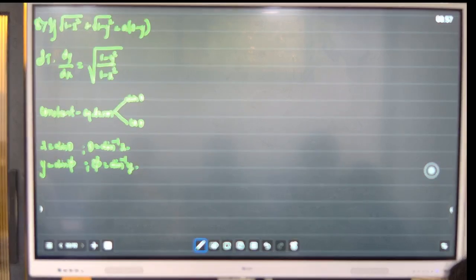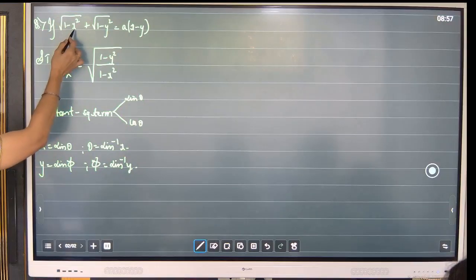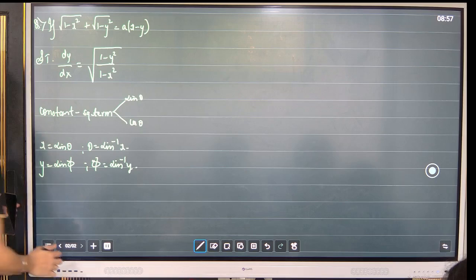Because we have the formula for 1 minus sin squared theta, that is why we can take sin or cos. I can't take tan because there is no formula for 1 minus tan squared theta. I can't take cot because there is no formula for 1 minus cot squared theta.